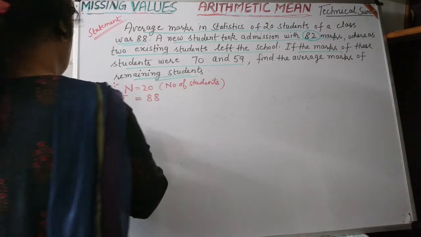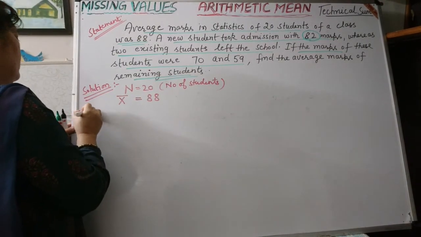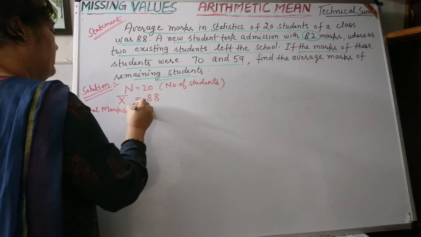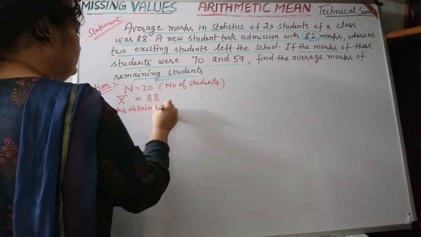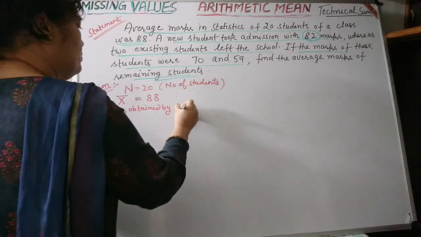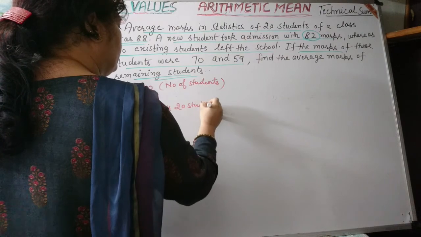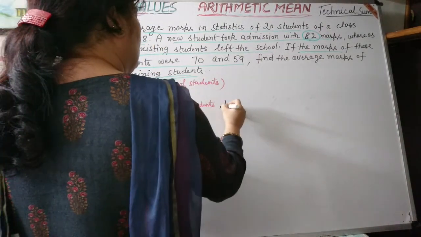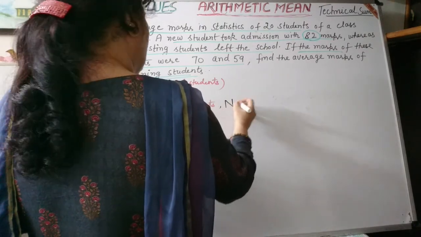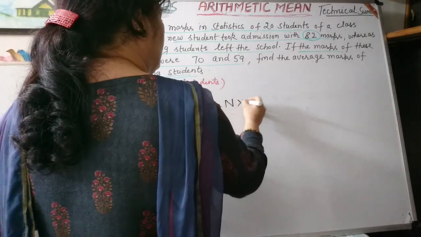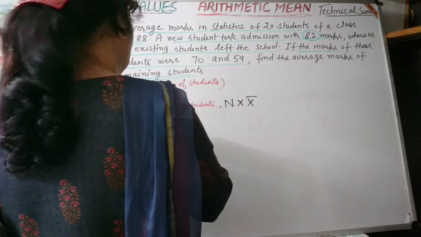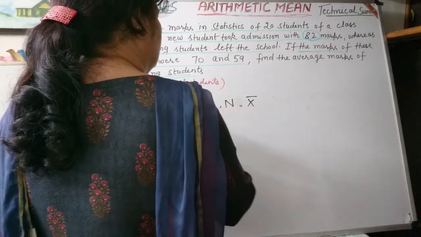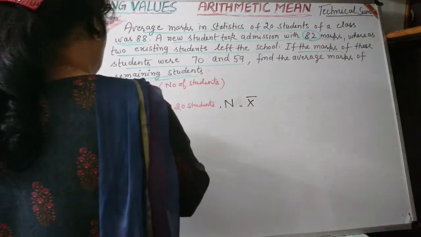This is also given. So I am writing down the total marks obtained by 20 students. We can calculate the total with the help of the number of students multiplied by x bar, or we can also write down the sign of multiplication in it.